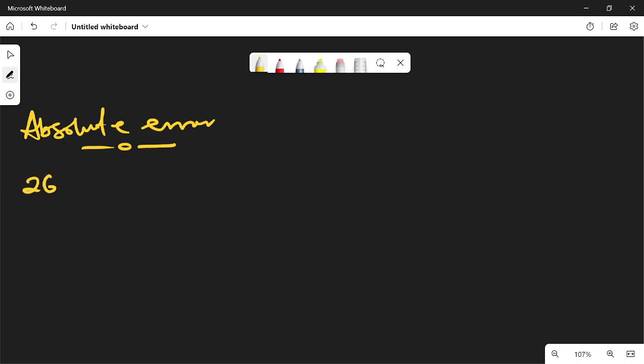Now let's say you want to get what we call absolute error. For me to get my absolute error, let me say I'm given a value of 26 centimeter. How do I get the absolute error if this is a particular measurement? What I'm going to do first is add 0.5 to this and subtract 0.5. So just know that it is constantly plus or minus 0.5. Are you seeing this now?